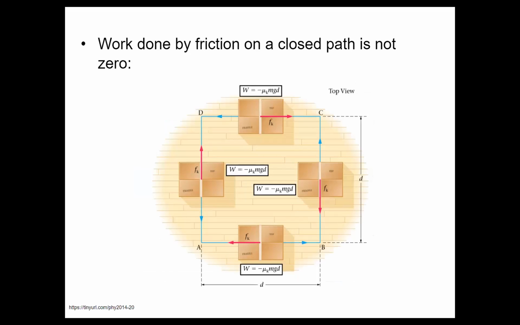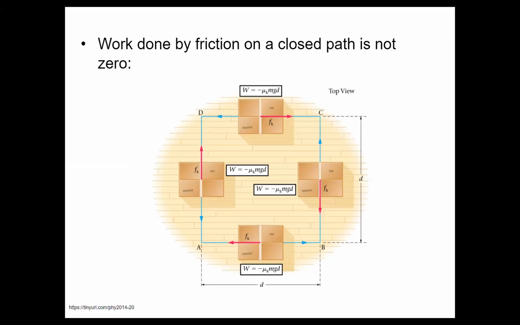On the other hand, if you have a non-conservative force, for example the friction force, this time let's imagine you are looking from a top view. This is a horizontal plane. If you have a box moving from A to B, C, D back to A, you can see that because friction force is always against the motion of the object, the force and displacement are always in the opposite direction.